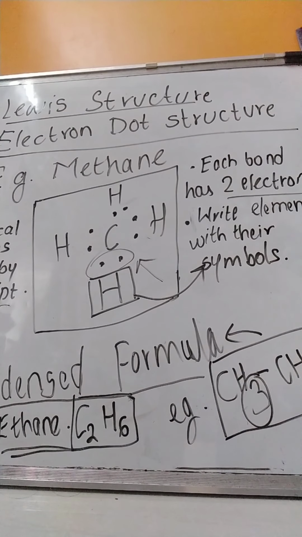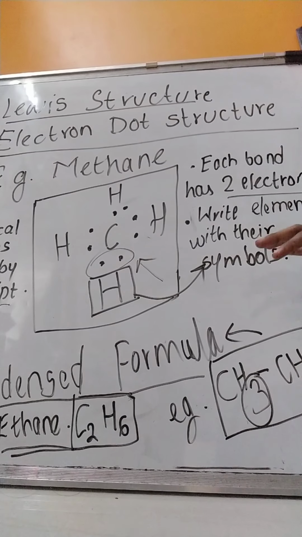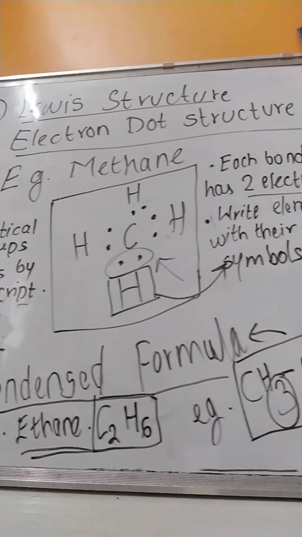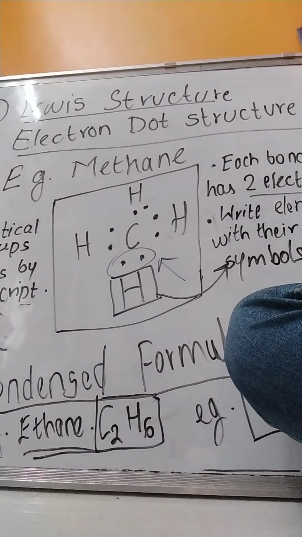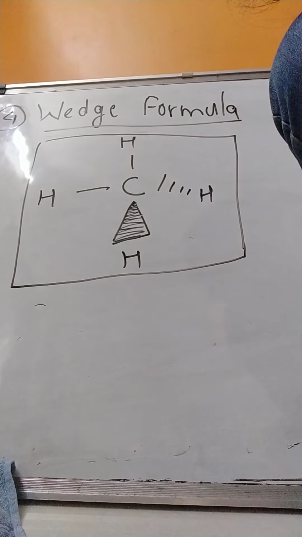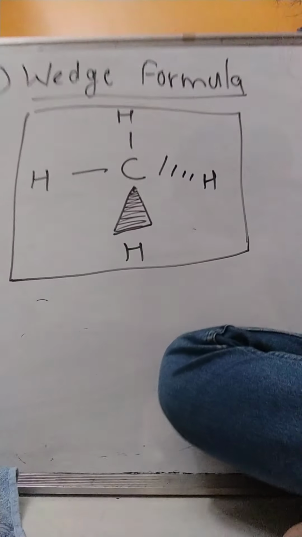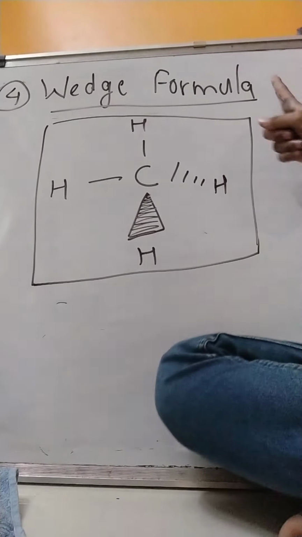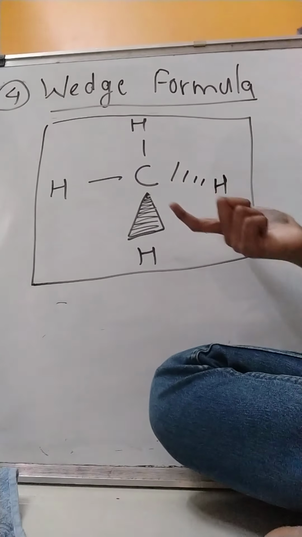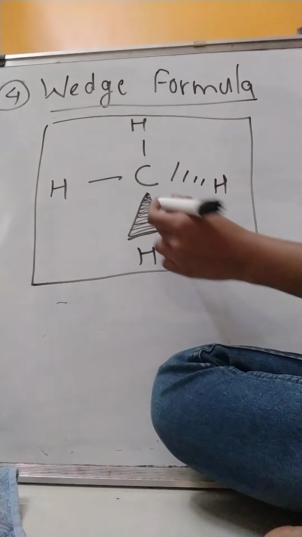Now the main representation comes, which is the fourth one, the wedge formula. I couldn't draw anything better than this, I'm sorry for that. Now this is the wedge formula. In this we are using some different symbols, such as this.